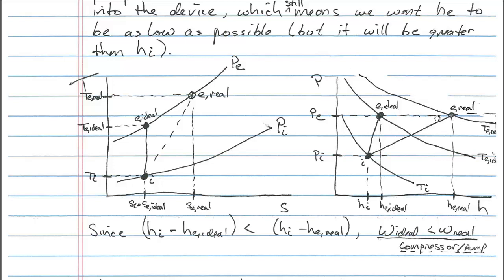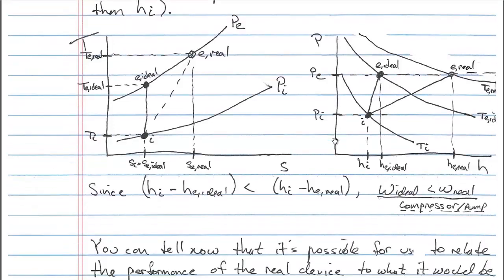Whereas if an Aggie engineer comes along and designs that pump with a lot fewer internal losses, closer to the reversible situation, closer to the situation where there's zero entropy generation, then the work that's required to bring that exit pressure up to the desired state is less. Okay, so that's what we're doing, is we're minimizing that work rather than maximizing the exit pressure when doing ideal work analysis of a compressor or a pump.